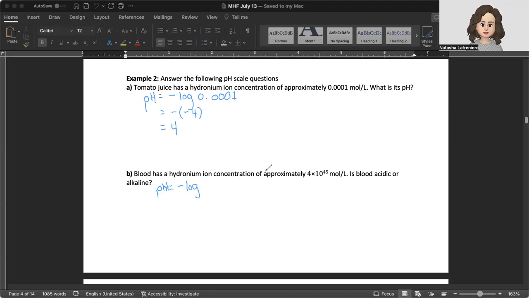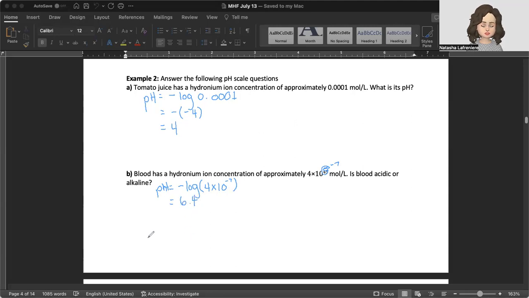Oh, this is supposed to be negative 7. That makes no sense. There we go. That'll be fixed for you. So negative log of 4 times 10 to the negative 7. Okay, so if you throw that into the calculator, it's about 6.4.